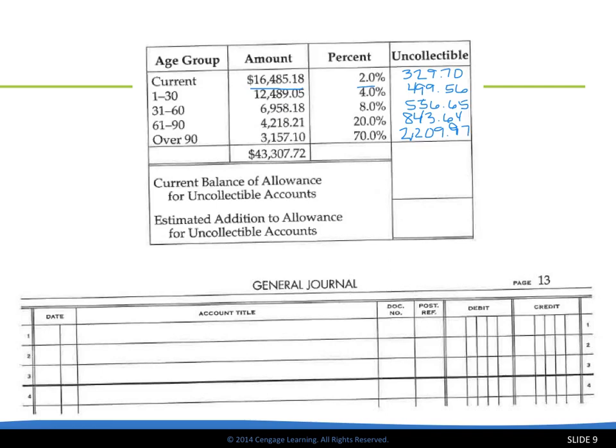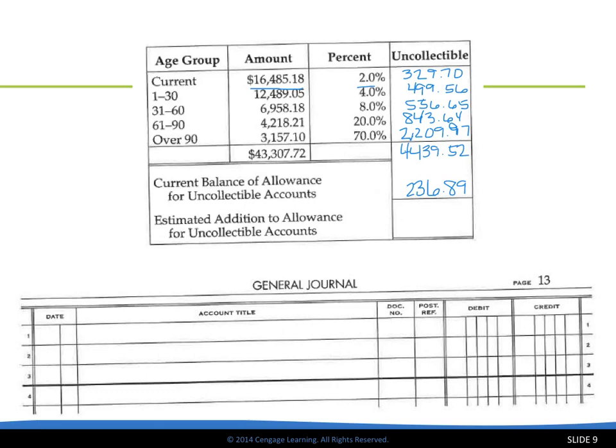Right, I need to total those all up to figure out my total uncollectible. So I will get $4,439.52 for my total uncollectible. Okay, they told me that right now I already have a balance in that uncollectible account of $236.89.